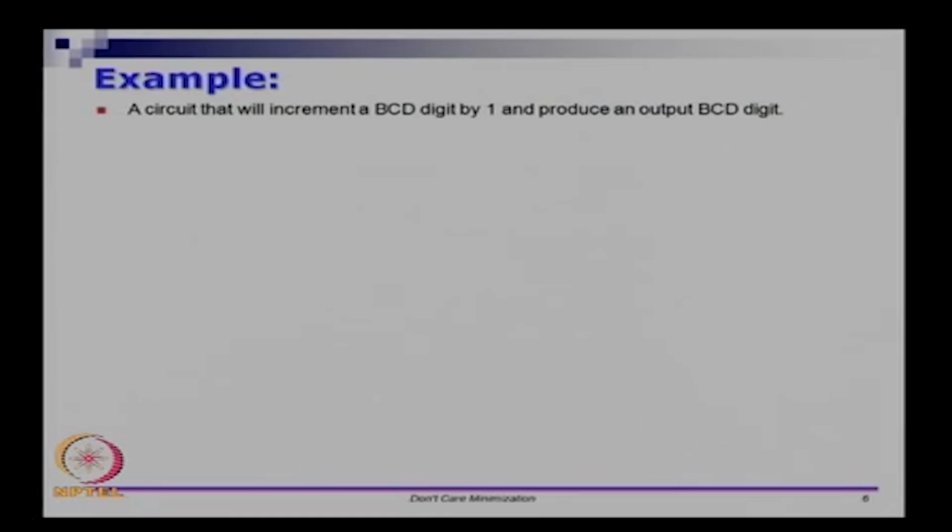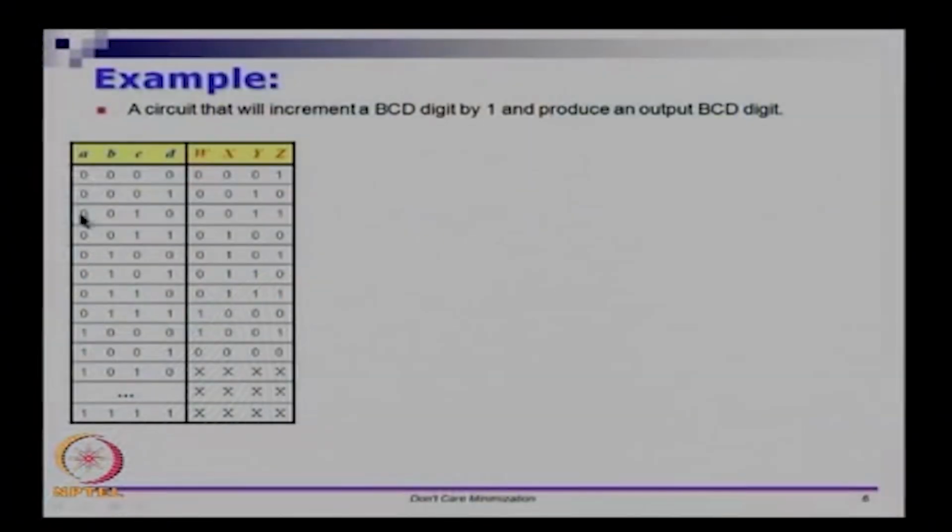So let us see how that can be done. First of all, if you notice, the decimal can only be from 0 to 9, and when we increment, 0 will increment to 1, 1 will increment to 2 and so on, and 9 will increment to 0. So this is what we want. So we have rows from 0 to 15 here. So 0 0 0 0 stands for decimal 0 here, and when we increment we get decimal 1.